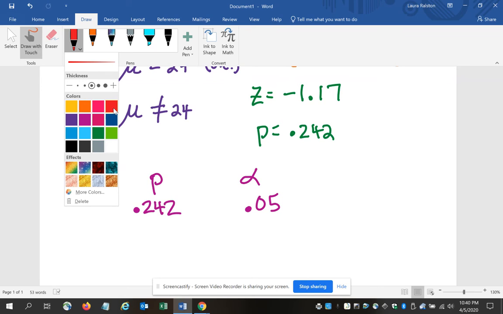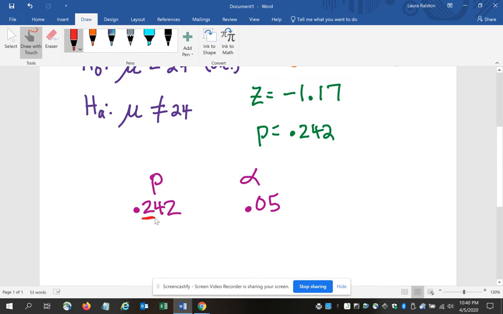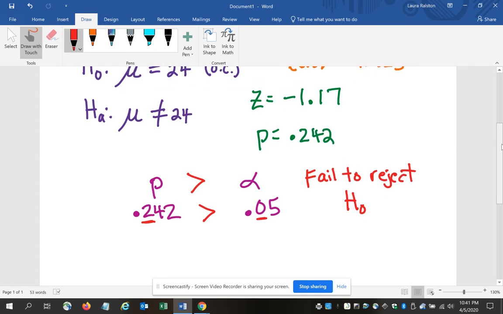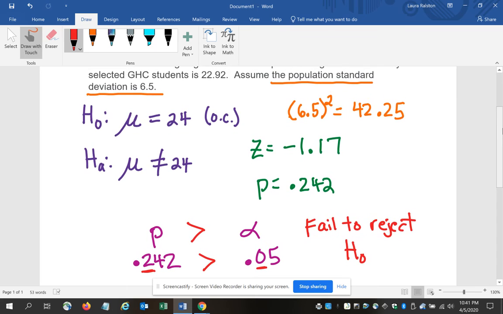Remember, we do it digit for digit. So 2 compared to 0. 2 is greater than 0. So P is greater than alpha. If P is greater than alpha, the rule says we fail to reject the null hypothesis. If we fail to reject the null hypothesis, let's go back up here and think what that means.